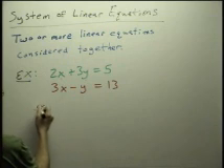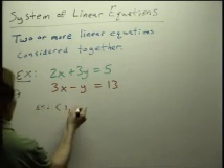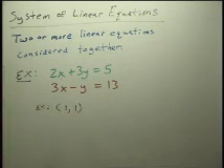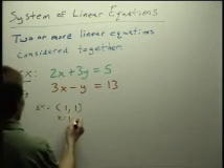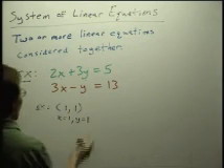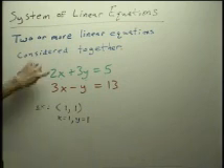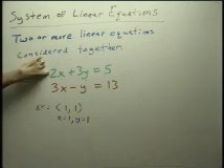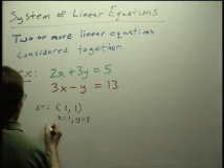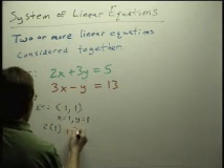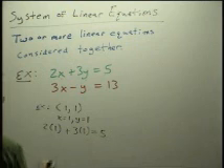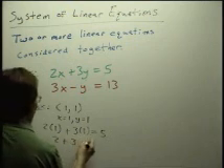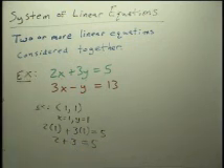An example, (1, 1). In other words, the point when x equals 1 and y equals 1. That is a solution to this first equation, because if we substitute those values for x and y, then we get a true statement. We get 2 plus 3 equals 5.